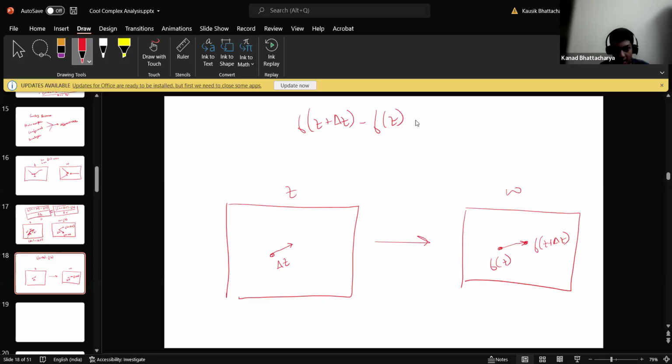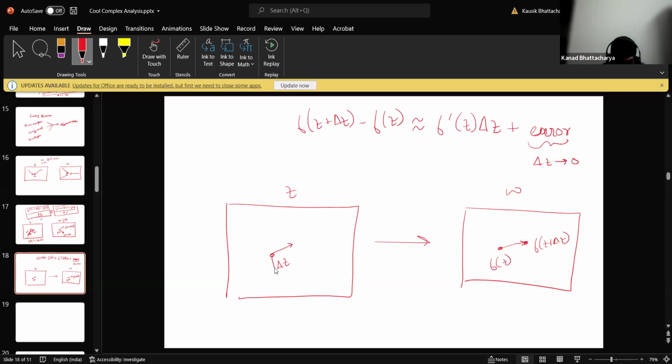Approximately what we would want is that this be equal to f dash z times delta z, plus some error terms, which become negligible as delta z tends to 0. So this is what we really mean when we take the derivative or when we take the limit, right?